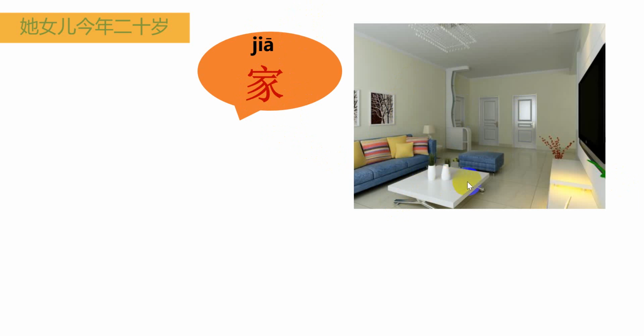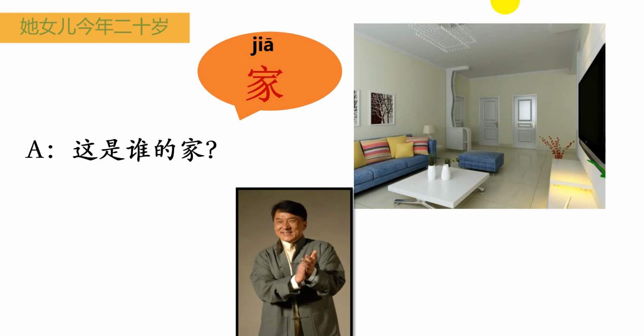Now this picture is whose? 谁的. Did you remember the word 的? It means belong to, of, or 's. 那谁的家? Whose family? 这是谁的家? So maybe I told you. Did you remember who is he? 他是谁? 成龙.